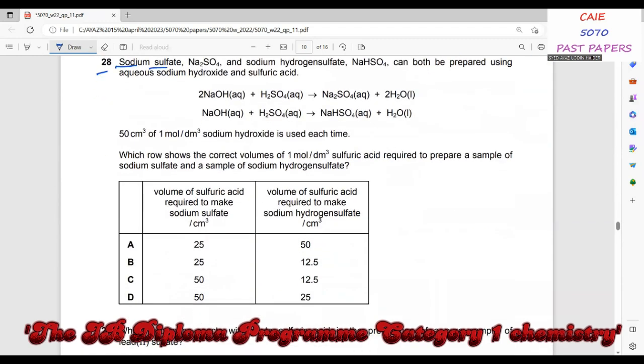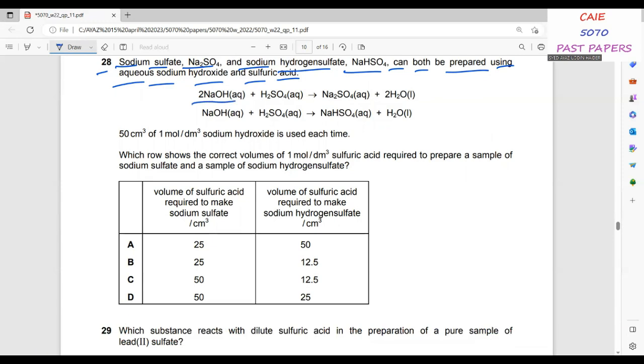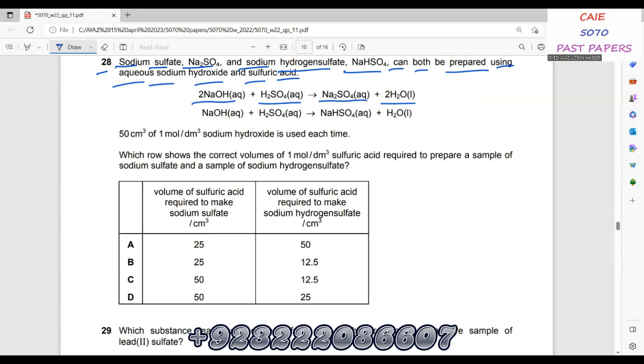28. Sodium sulfate, Na2SO4, and sodium hydrogen sulfate, NaHSO4, can both be prepared using aqueous sodium hydroxide and sulfuric acid. Here are the reaction equations. 2NaOH aqueous plus H2SO4 aqueous gives Na2SO4 aqueous plus 2H2O liquid.